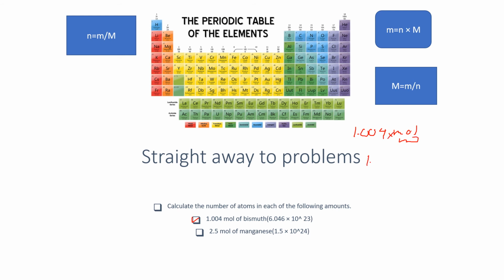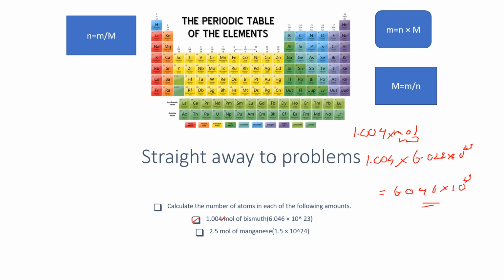So we write 1.004 times Avogadro 10 to 23. Let's see. Before, remember I told you 1 mole is 1 times Avogadro, 2 moles is 2 times Avogadro, 3 moles is 3 times Avogadro. Like 1.004 moles means 1.004 times Avogadro. So it is basically coming to 6.046 times 10 to 23.